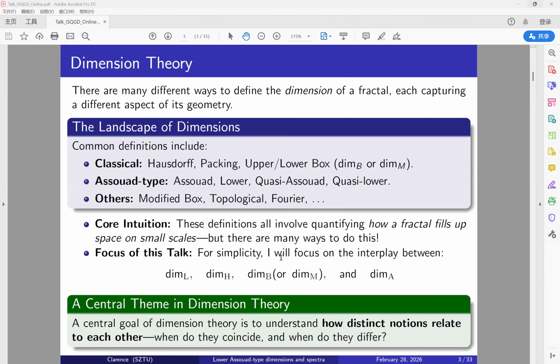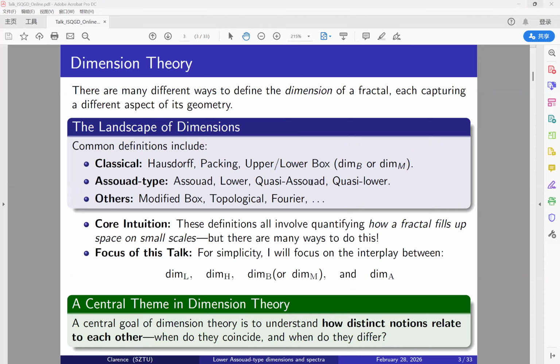There are many different ways to define the dimension of a fractal, each capturing a different aspect of its geometry. For the classical ones, we will discuss the Hausdorff dimension, packing dimension, and upper and lower box dimension, known as dim B or dim M. And in this talk, we will talk about something like this.